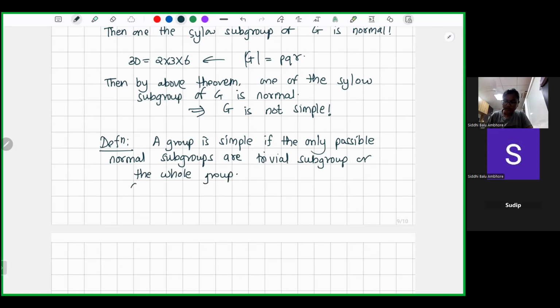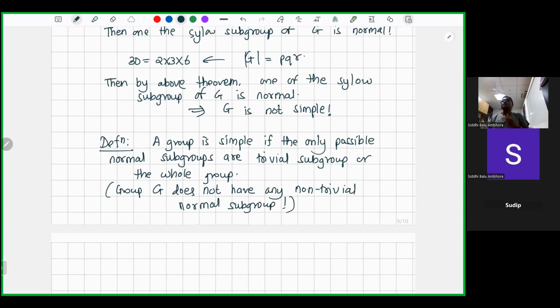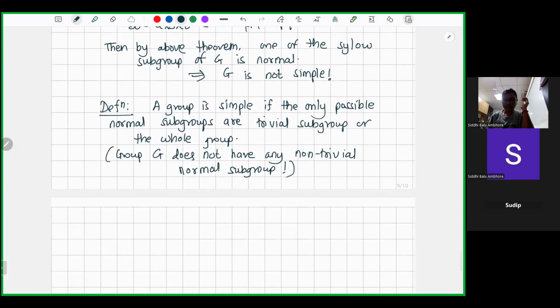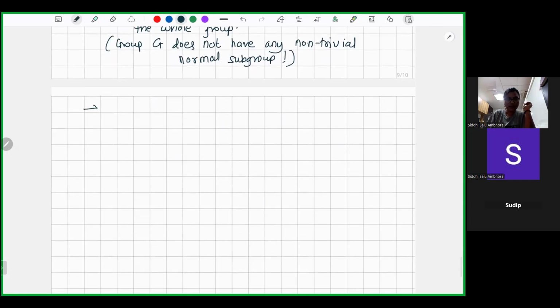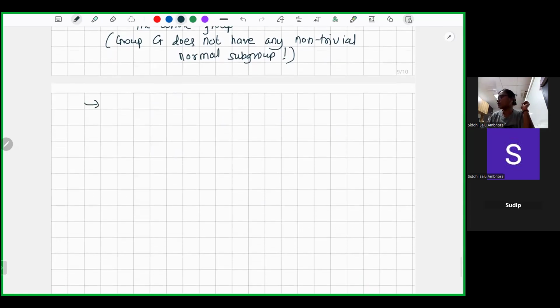Or the other way of saying this is that G does not have any non-trivial normal subgroup. This is the definition of a simple group. And now we will try to prove this theorem, and let's see how it goes.